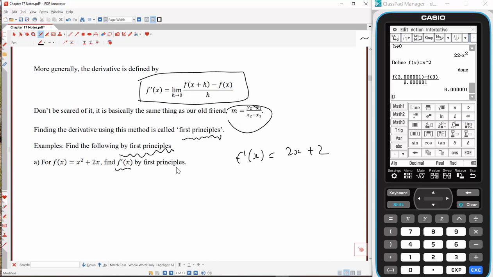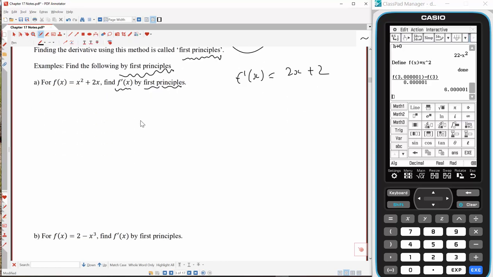But this one says they want you to use first principles, and it's important that you can because it means that you get what you're doing. All right, so let's smash this out. So by first principles, what they're saying is we're going to choose a point, which is x and f of x, and also another point, x plus h, and f of x plus h.